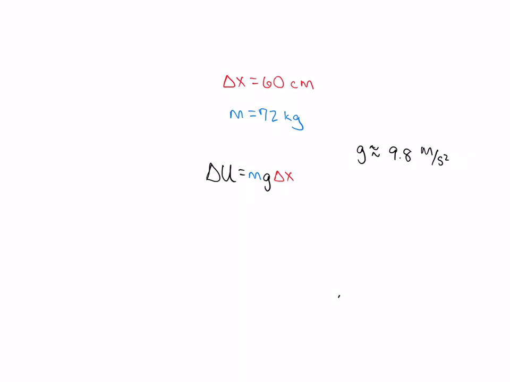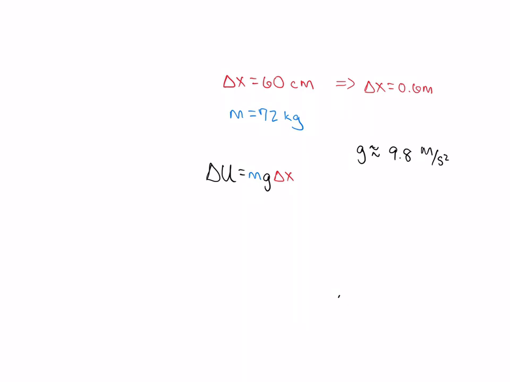So what we want to just do is make sure that our delta x is expressed in units of meters instead of centimeters, which is a pretty easy fix. Just 0.6 meters. Multiply 60 times 10 to the negative 2.